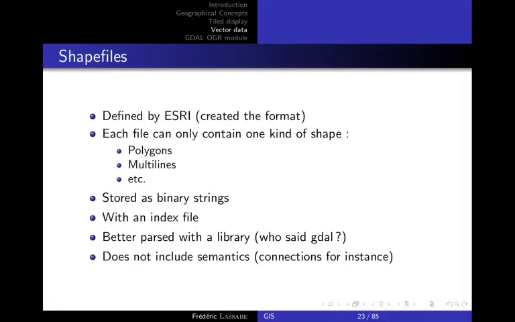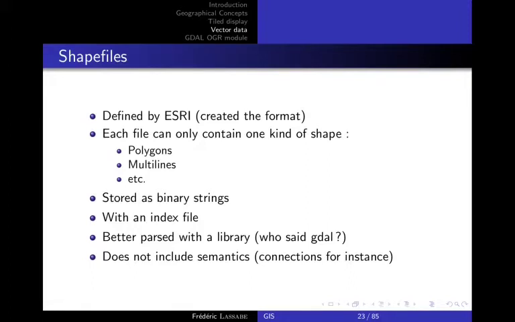You have to separate into one file for each type of shape. Then those shapes are stored as binary strings with an index file which tells you where to access which shape. So you have to rely on a library to parse the file. It can be GDAL, for instance.